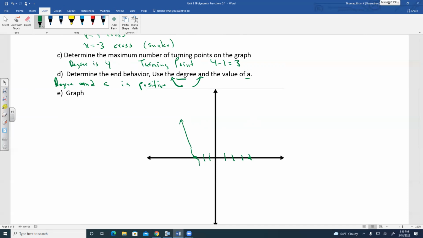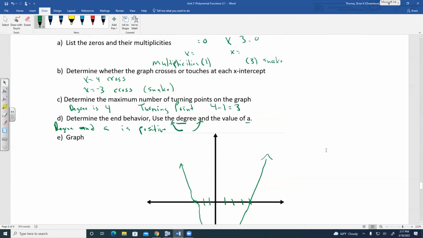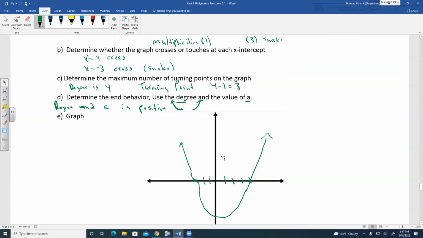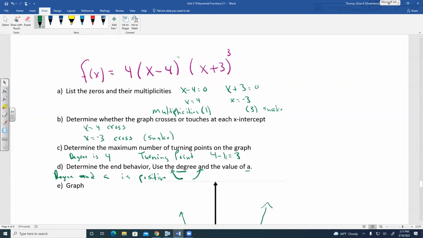So it's going to make that little snake, and it's got to turn back around somewhere. Don't know how far down, but it's got to turn back around because it's got this other x-intercept. And since that was a multiplicity of 1, it should just kind of cross over and look something like that. So this graph should take on a look like that. We just don't know how far it goes down. We'd have to find a little bit more information, but we didn't do that here.